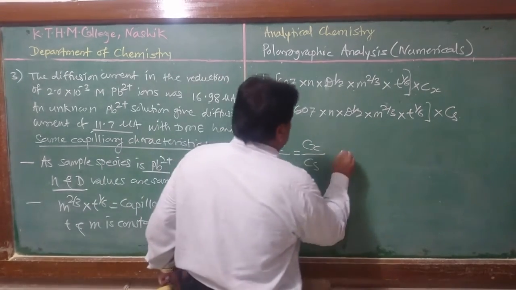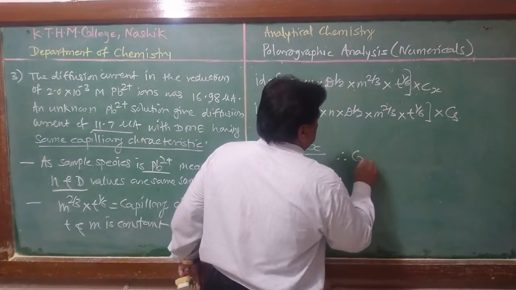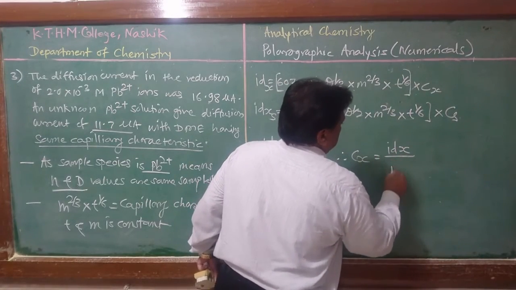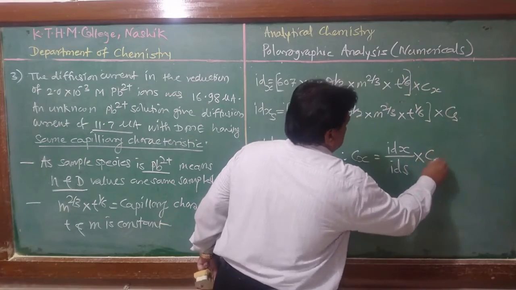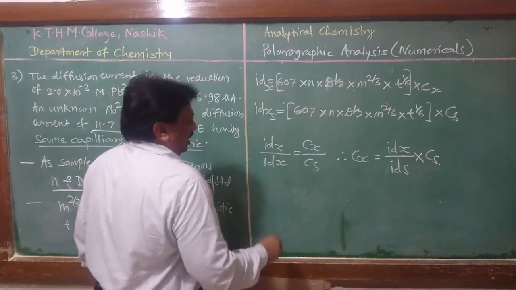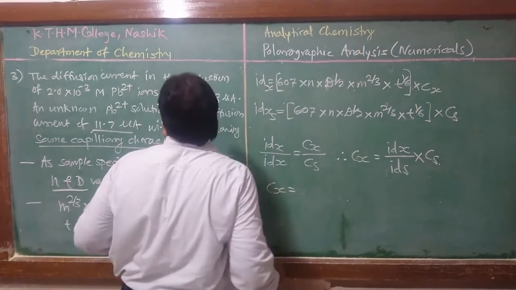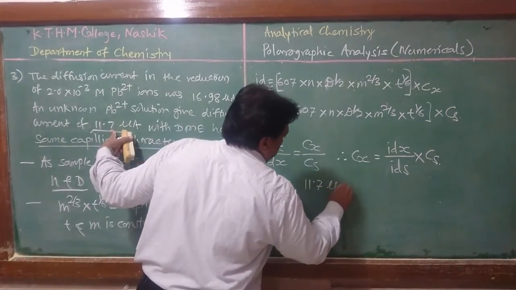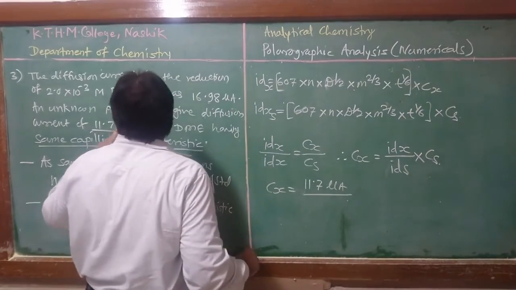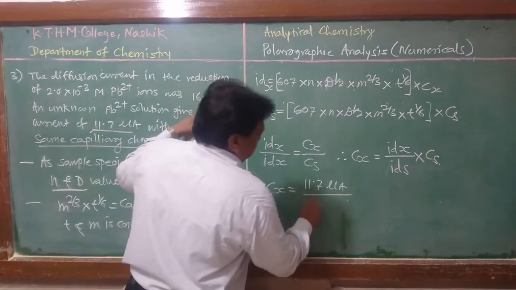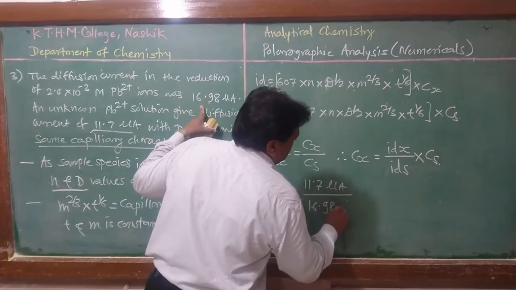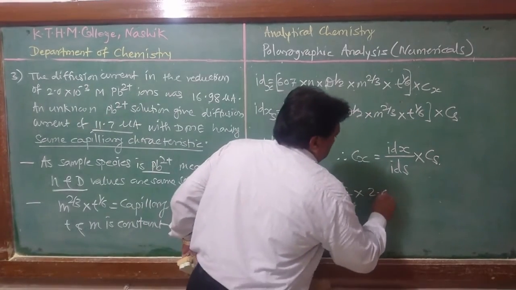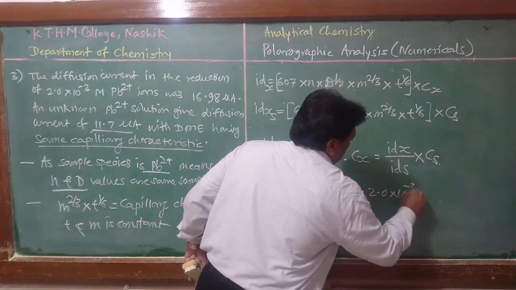Therefore we can write Cx is equal to IdX upon IdS into concentration of standard. Here the sample gives diffusion current 11.7 microampere and the standard gives diffusion current 16.98 microampere, into concentration of standard, which is 2.0 into 10 raised to minus 3 mole.